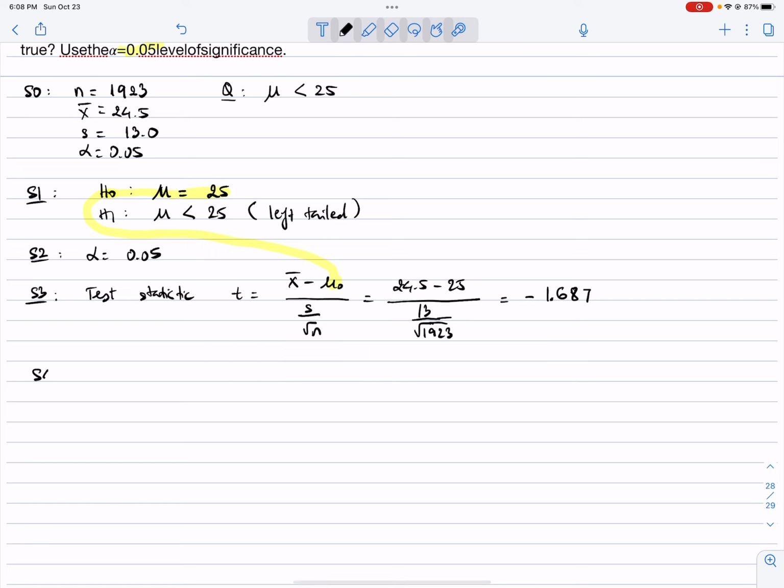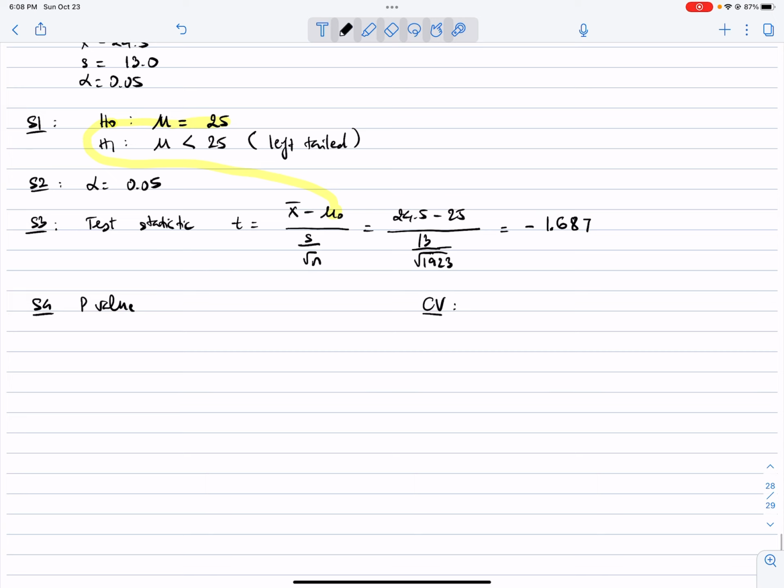Now step number 4, we want to find the p-value and the critical value. If we do the p-value first, we draw the graph right here, and it is using the left tail. We put the test statistic right here at this point, which is negative 1.687. Then we will find the p-value right here.